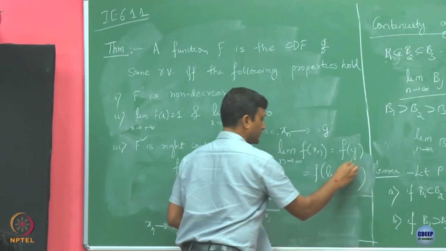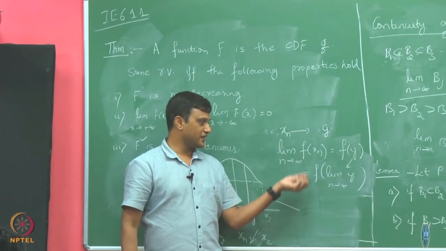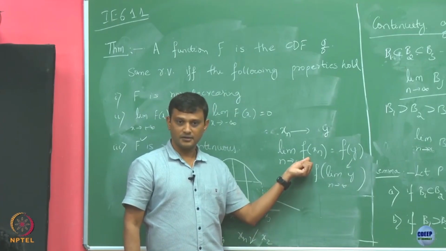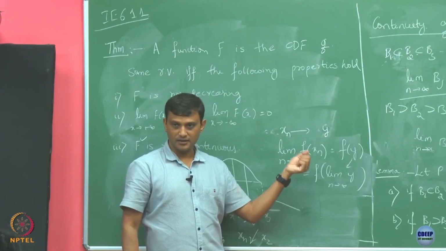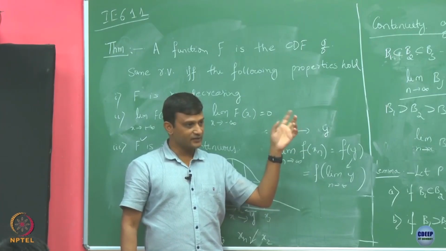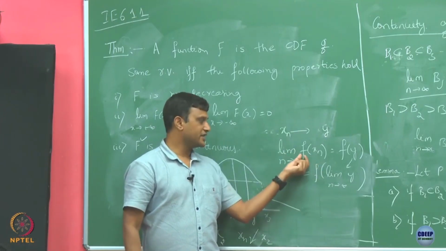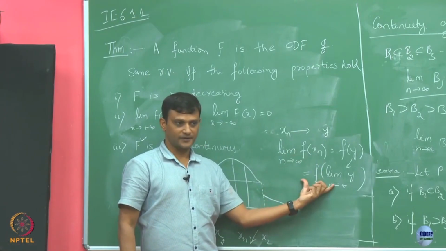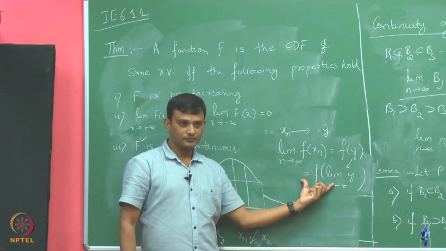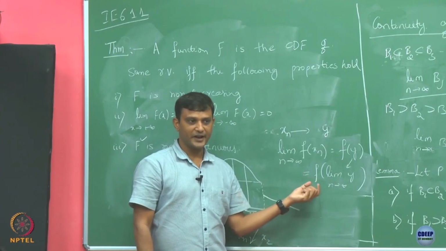So this is the definition of y. So here, if f is a continuous function at a point y, then for any sequence that converges to y, I am able to interchange this limit and f in this fashion. So this was the implication of my function f being continuous at y, right?